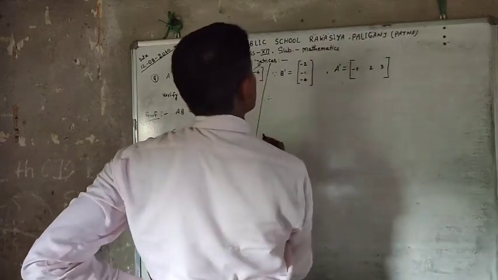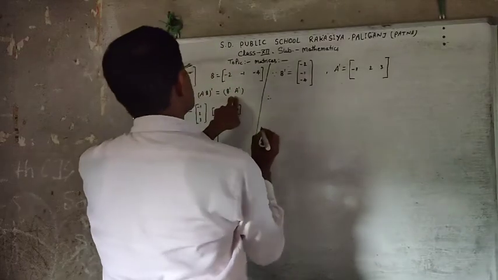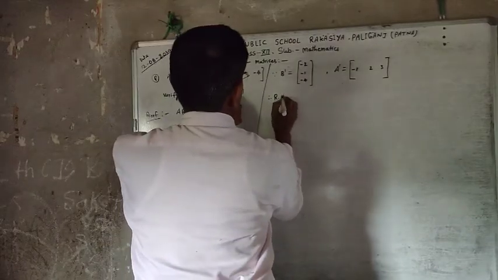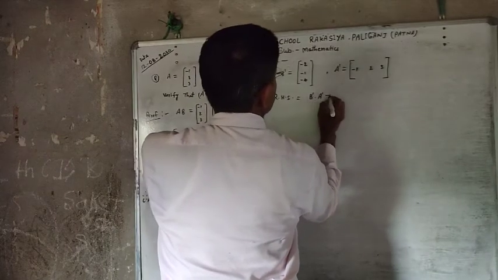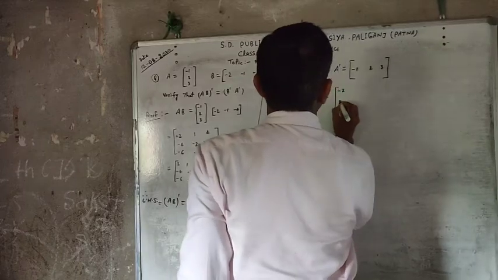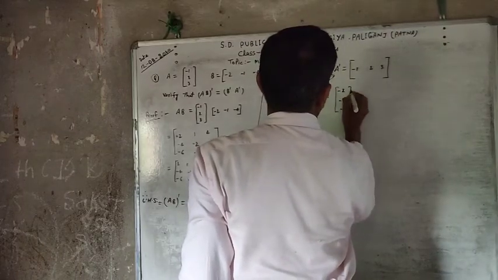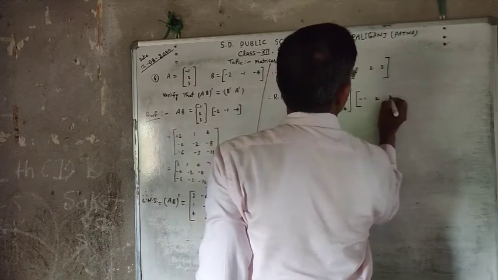Therefore, the RHS is equal to B transpose into A transpose.